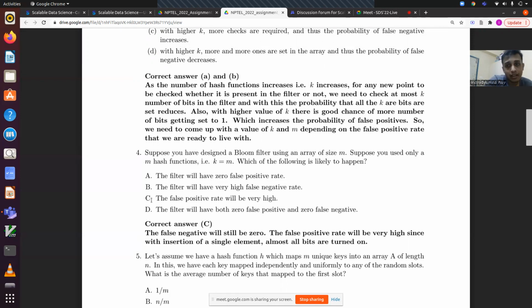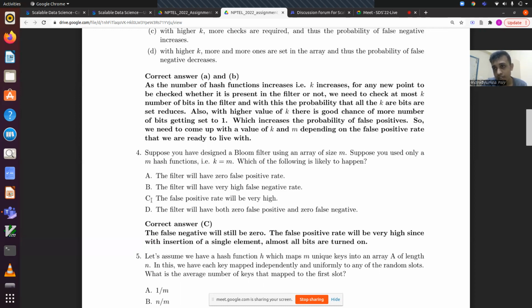So you have m entries in the bit array, and you have the same number of hash functions. Let's say the hash functions are all random. That's our default assumption and requirement.